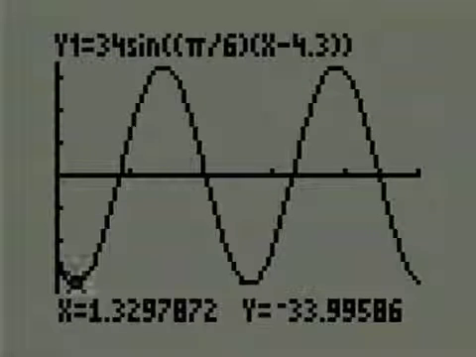That tells us that the period of this is 13.3 minus the 1.3, so the period is 12. Now, 12, of course, corresponds to the months, and so you can see that this graph follows the changing seasons as it goes through its 1 year or 12-month cycle.